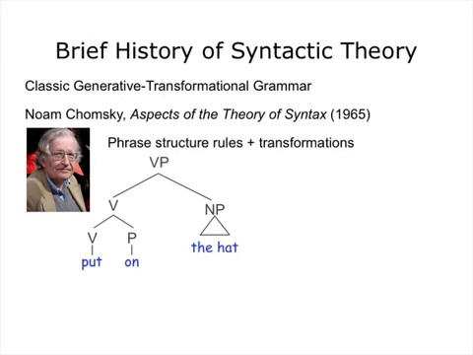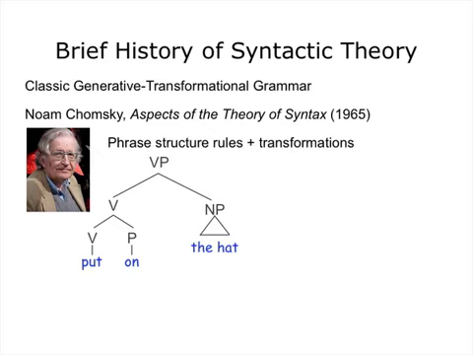The basic idea, which actually goes back to Syntactic Structures in 1957, is that you need phrase structure rules to characterize what happens in English, but you also need something that you call transformations. The idea was, build basic sentences, and then there can be rules that change that all around.